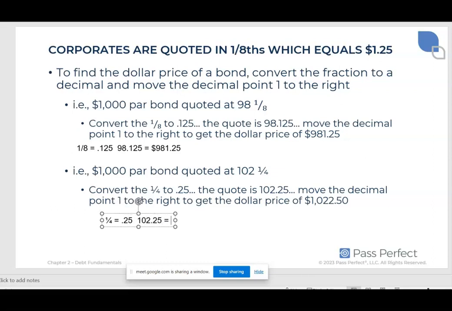Now move the decimal point one place to the right: $1,022.50. It's not any harder than that, and with just a bit of practice you can get that down. I've just got to the point where I've memorized it, that 5/8 is the same as 0.625. How do I know? I've just done this so much that I've got it memorized now.